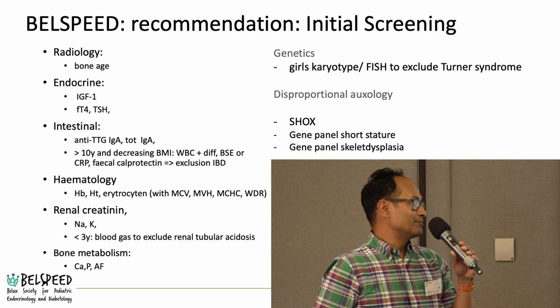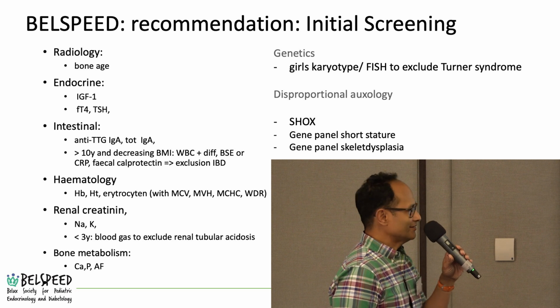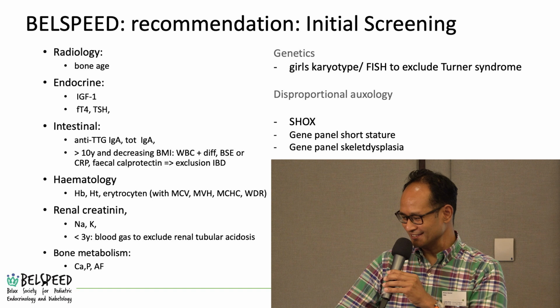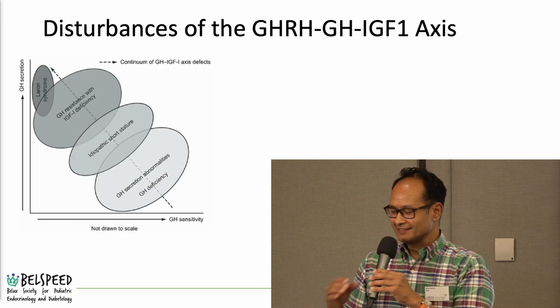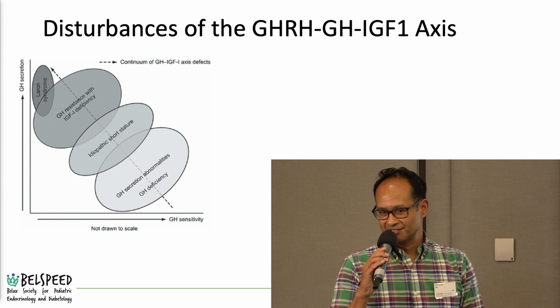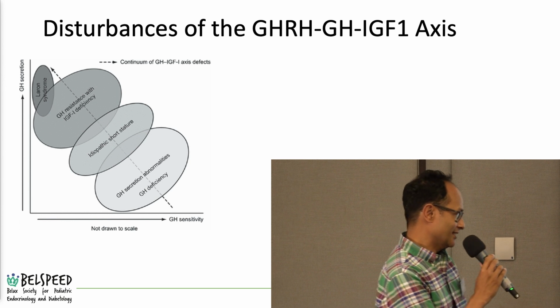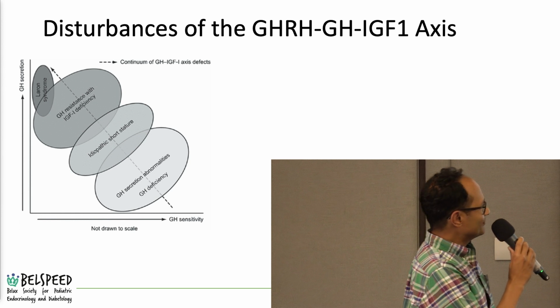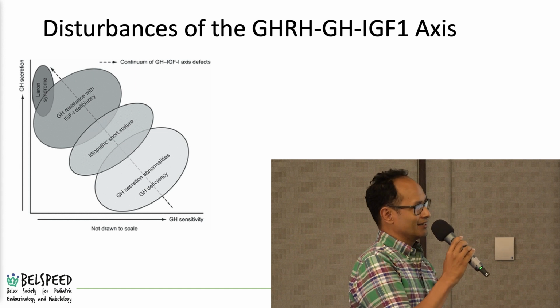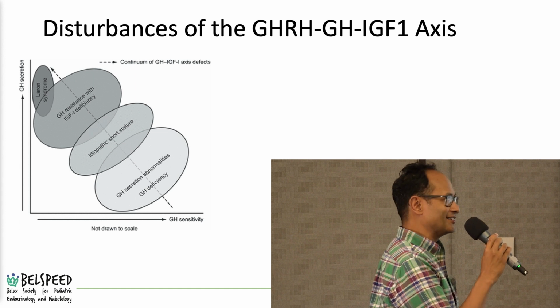So I want to talk a little bit about IGF-1 because it's an endocrine presentation theme, and I do not want to talk about growth hormone deficiency per se for this talk, but more about the disturbances of the growth hormone releasing hormone, growth hormone, IGF-1 axis.